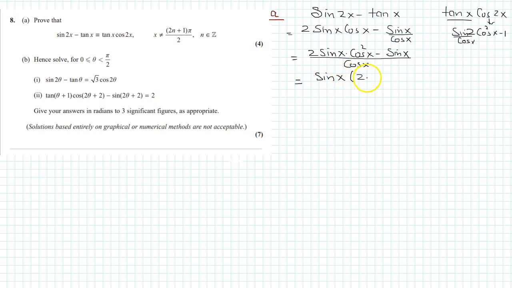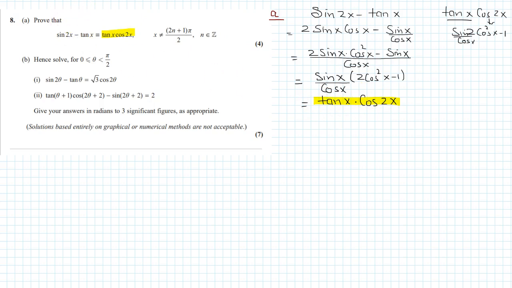The remaining is 2 cos square x minus 1 over cos x. So that is tan x, and 2 cos square x minus 1 is cos 2x. So this was the identity we were supposed to prove.